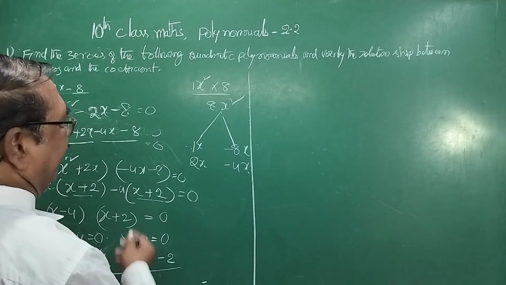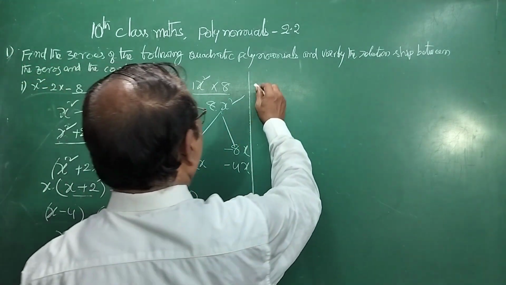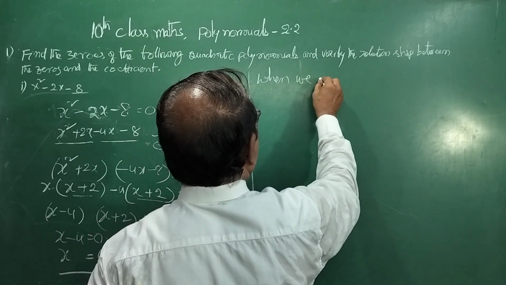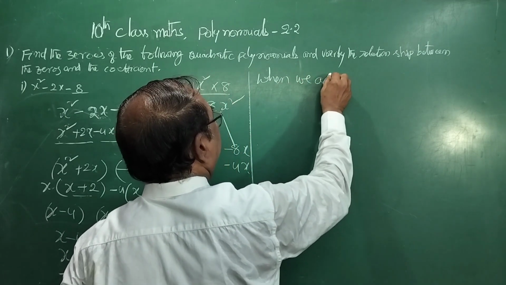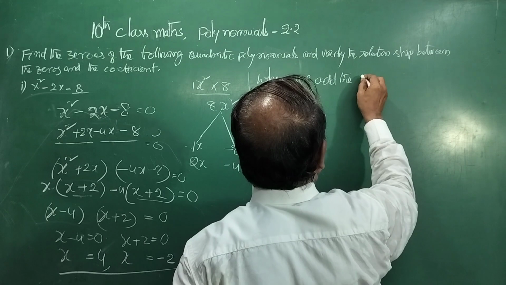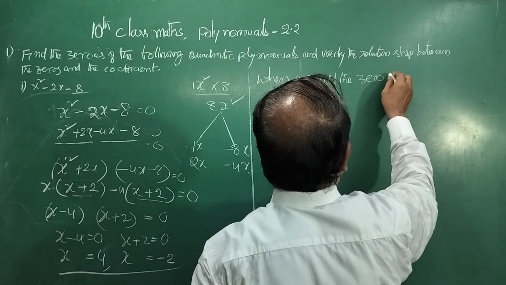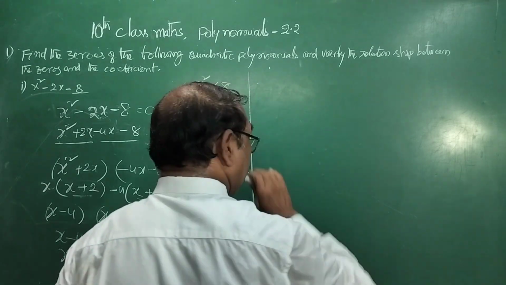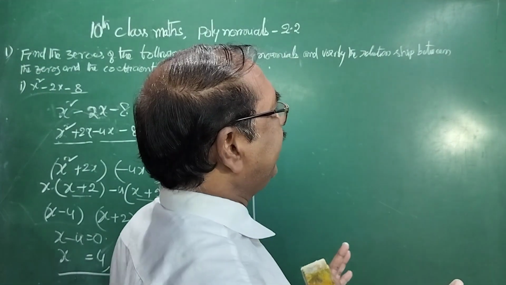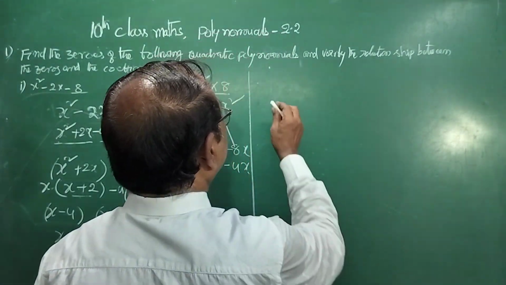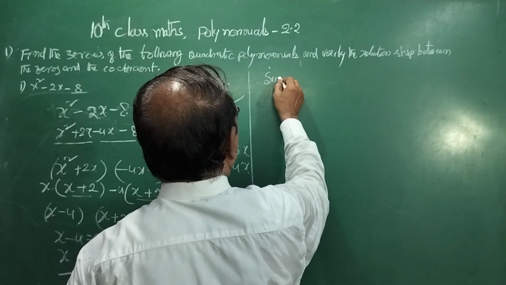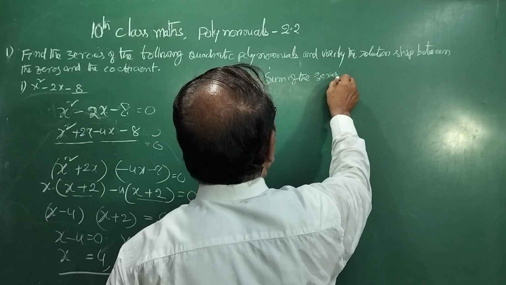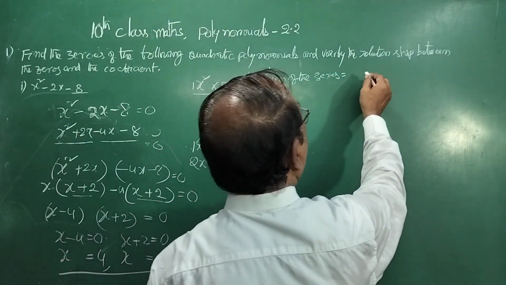Next, verify the relationship between zeros and coefficients. Yes, let us verify. In order to find the relationship with the coefficients, there are some rules. In order to get the sum of the zeros, what is the formula?